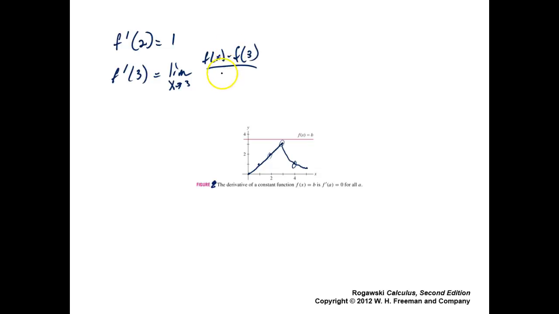Okay, over x minus 3. There, that other definition. Okay? And here we have a problem, Houston, don't we? Because the derivative of this, as x is approaching 3 from the left-hand side, from the downhill side, is approaching 1, right? So the derivative here is 1, there's 1, there's 1, and it looks like it's going to be 1 there too, right?